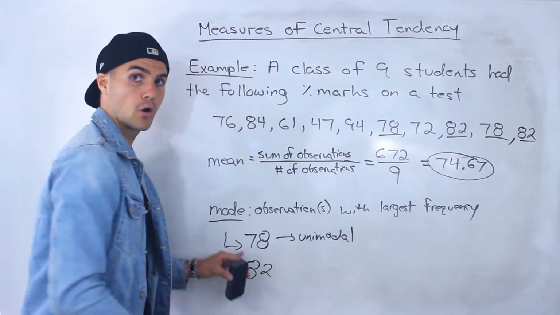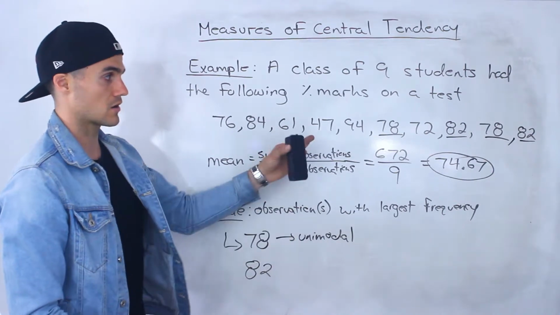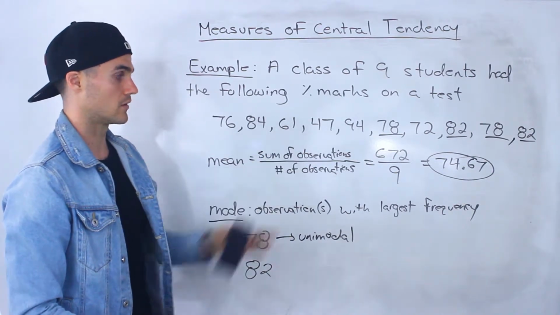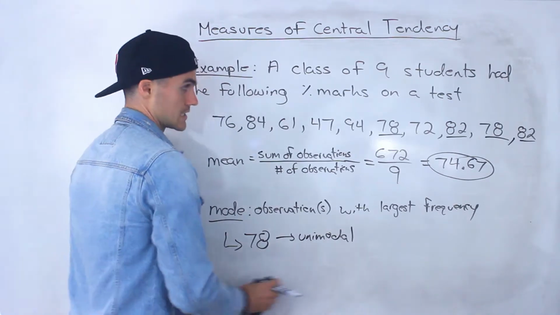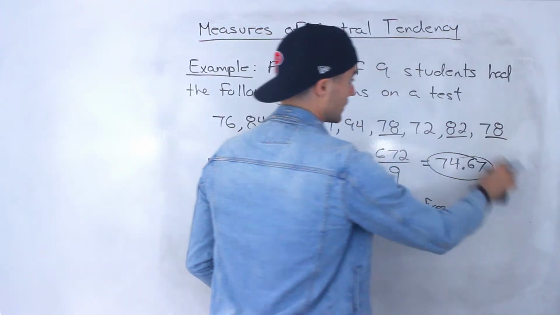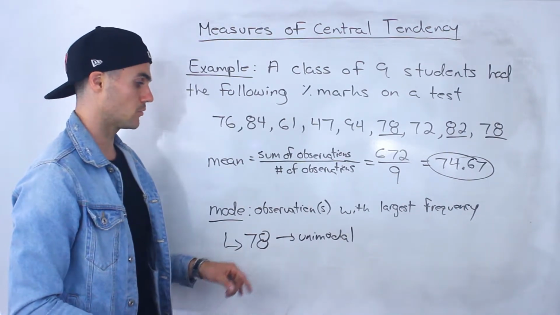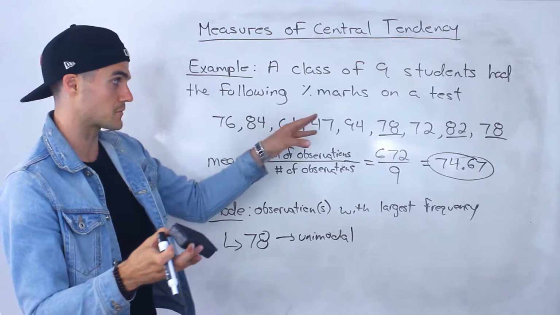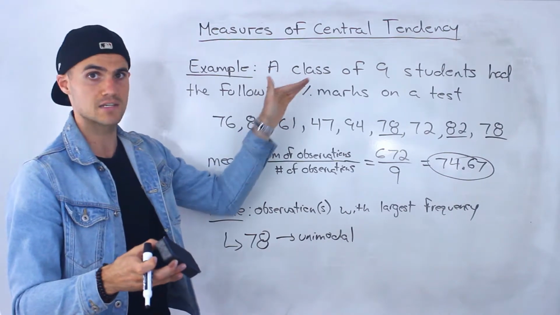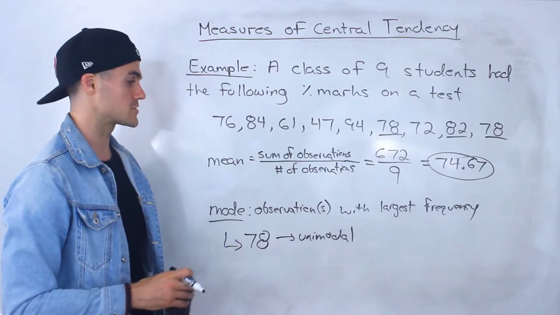You would write them both, and then this data would be bimodal because there are 2 sets of modes. But in this case, there was only one set. It was the 78, so this data here is unimodal. But if there are multiple observations with that same highest frequency, you would just write out all of the observations.